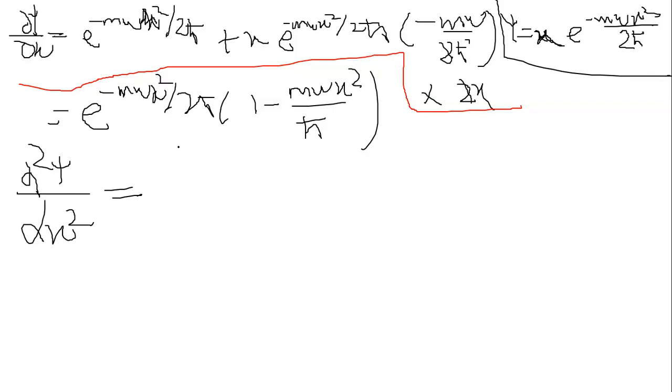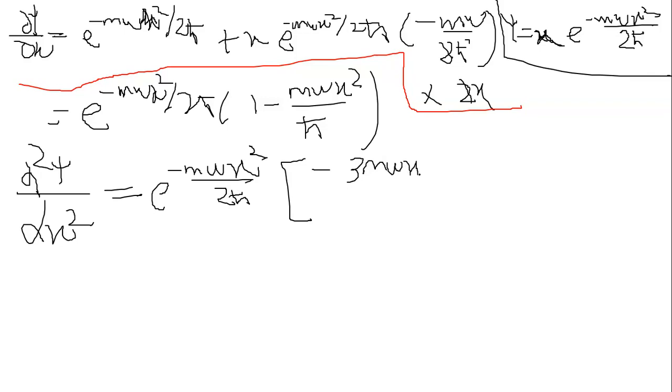No, there will be two terms. This e to the power minus m omega x square by 2h cross will be there, and here it will be minus 3 m omega x by h cross.